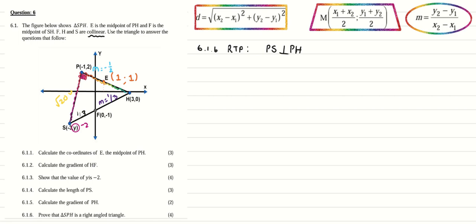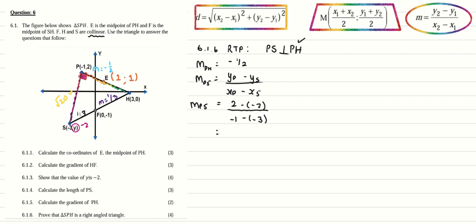Right, so we have the gradient of PH. We just found it in the previous question, and so the gradient of PH is -1/2. What we don't have is the gradient of PS, and that is what we are going to do now. So the gradient of PS, we can say, is yp minus ys over xp minus xs, and then we substitute.